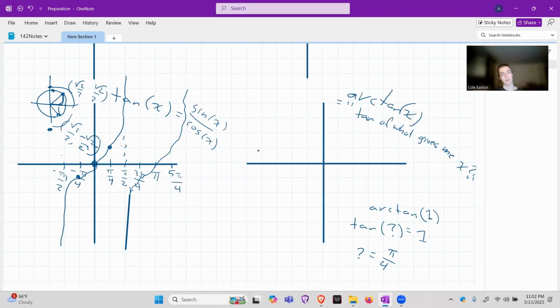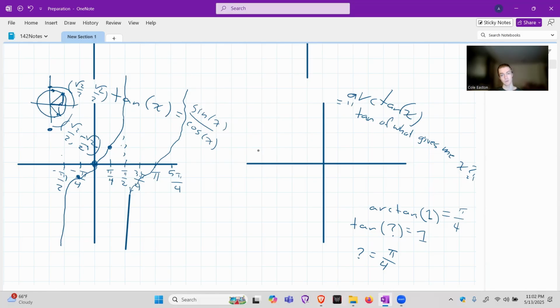So we're going to pick the answer that's in this range. And there will always be an answer, right? Because every output occurs. I could say, well, what gives me 10,000? Well, since this approaches infinity, somewhere in here is going to give me 10,000 as an output, and I can figure out the input that gives me that. So arctan of 1 is pi over 4.